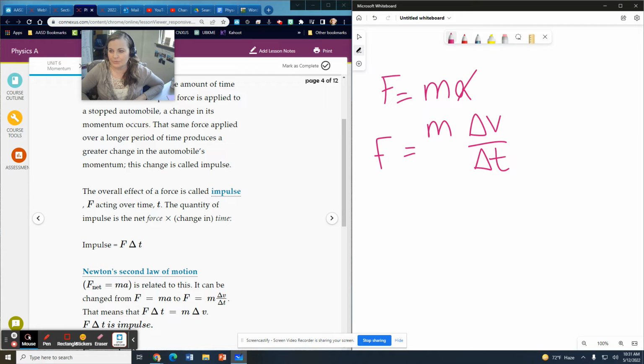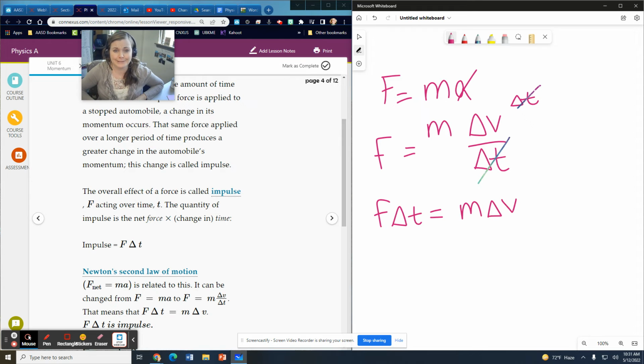If I wanted to, I could move the T out of the denominator. So I'm going to multiply both sides by delta T, and that cancels out here. Then multiply the other side by delta T. Force times delta T is equal to m delta V.